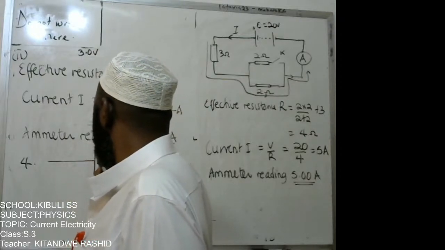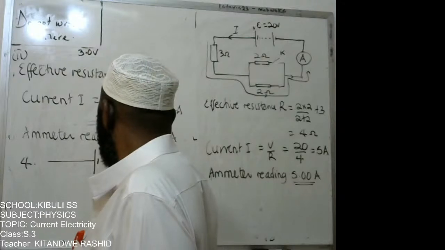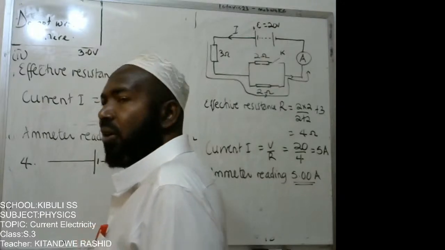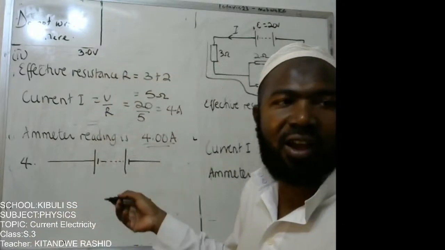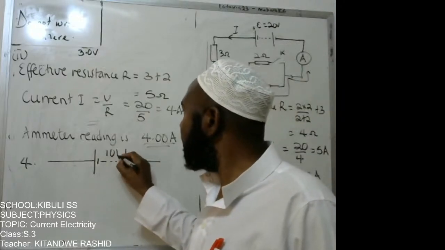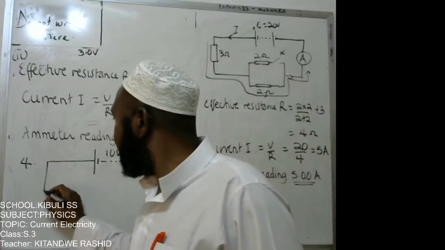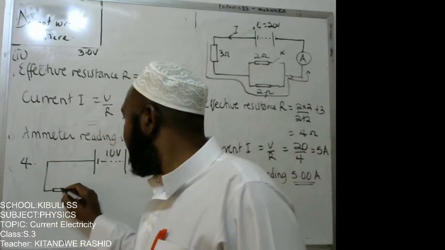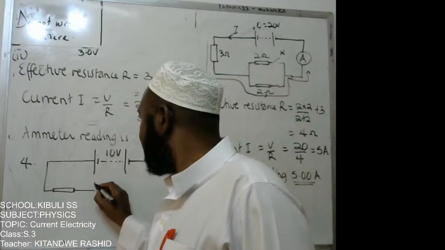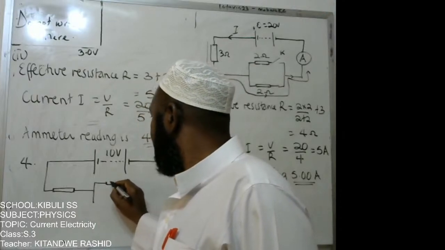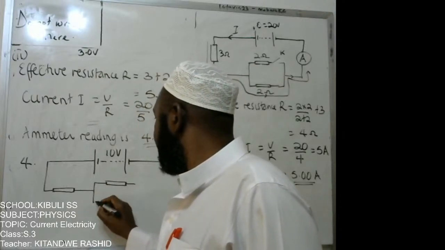We draw like this and put dots to imply that there are many cells we are adding, or generally having a battery of 10 volts. And the arrangement is having the following resistances arranged like this.